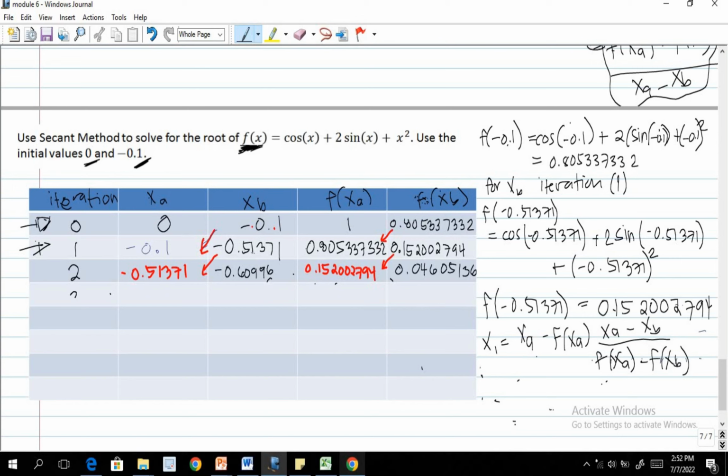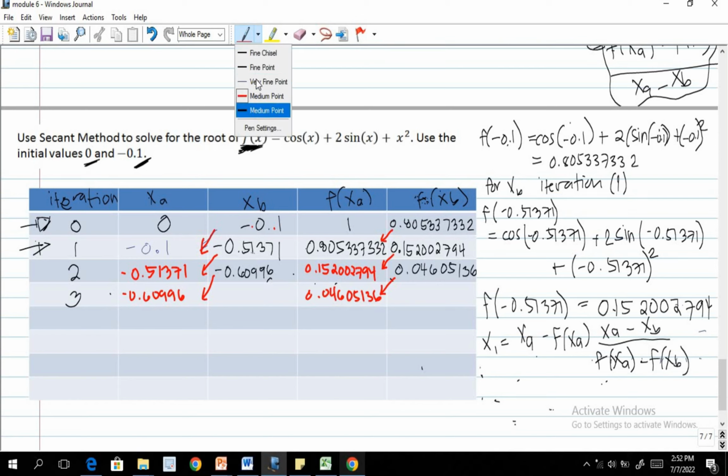So, I'll go for iteration 3. Kung ano yung ginawa ko sa may iteration 2, ganun din yung gagawin ko sa may iteration 3. Again, ibababa ko lang ito dito. The same with this one, ibababa ko lang siya. So, that is negative 0.60996 and this is 0.04605136.